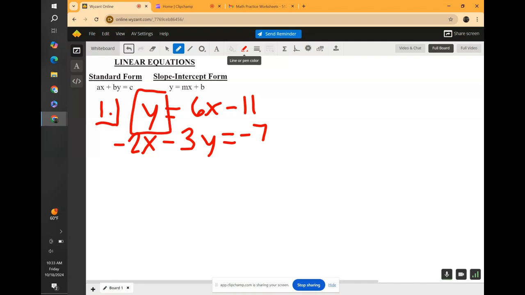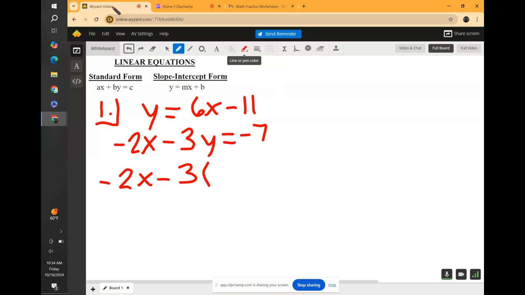a 1y, we can throw that in right away for substitution. So we'll go ahead and say negative 2x, using the other equation, minus 3. Well, the y was there, so in place of that, we're going to put this 6x minus 11.